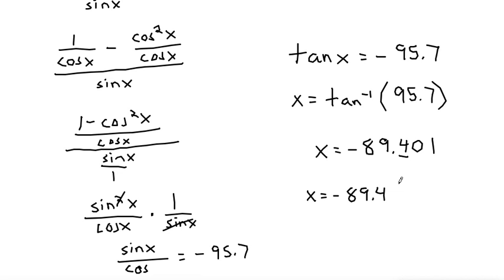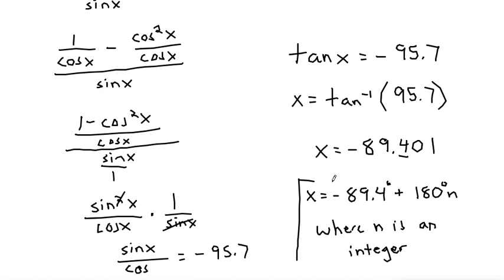Because we want all solutions, keep in mind that since it's simplified down to the tangent function, tangent repeats every 180 degrees or every pi radians. So we can have this repeat by doing plus 180n, where n is an integer. And I'll put our degree symbols since we're in degrees.